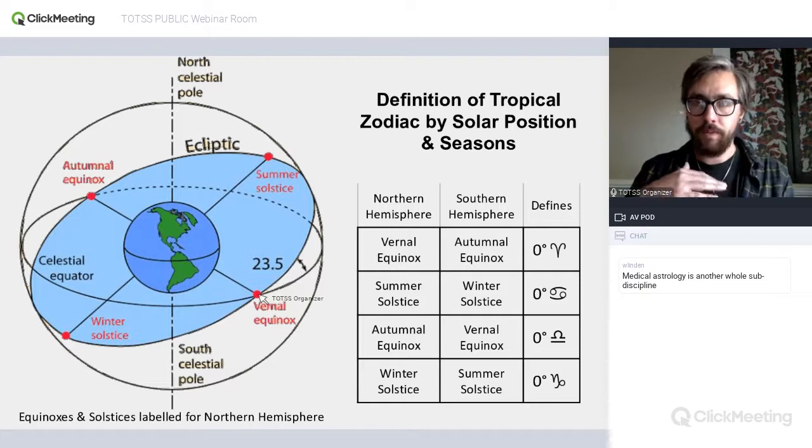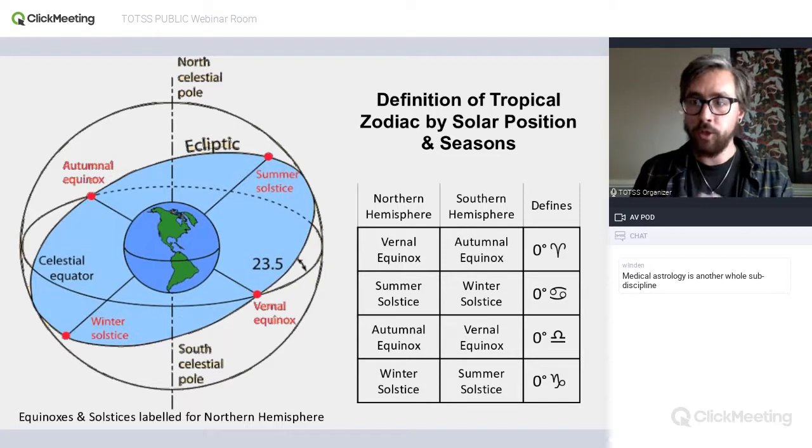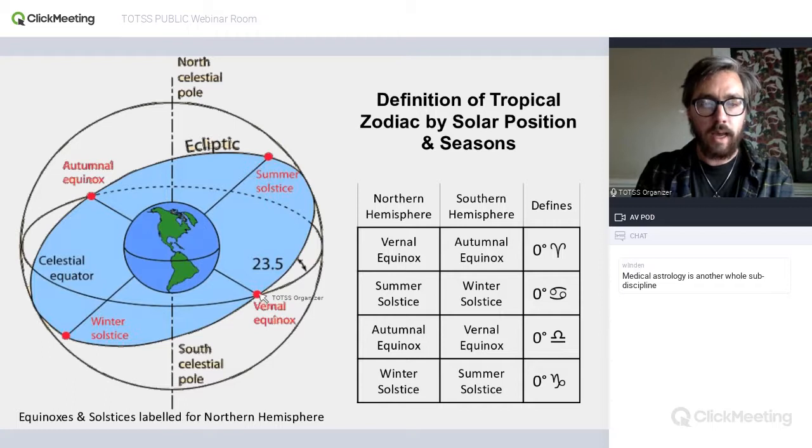So when the sun is at those points, that's an equinox. Just a week ago, the sun was right at the vernal equinox point, one of the 2 places where the ecliptic crosses the celestial equator. It would now have moved a little bit higher, a little bit further north, in the last week. And so the equinox and solstice points divide the ecliptic into quarters.